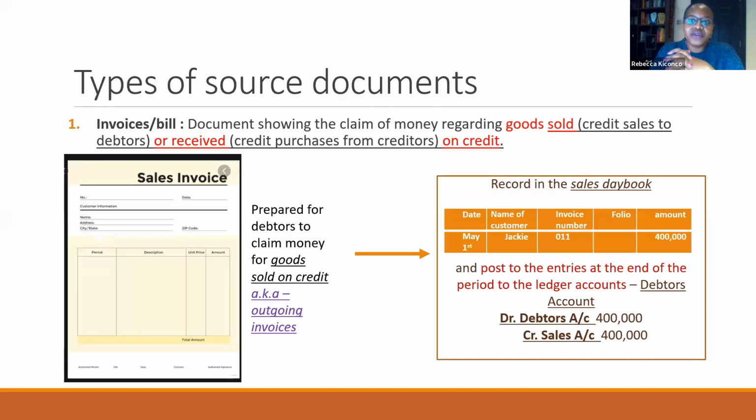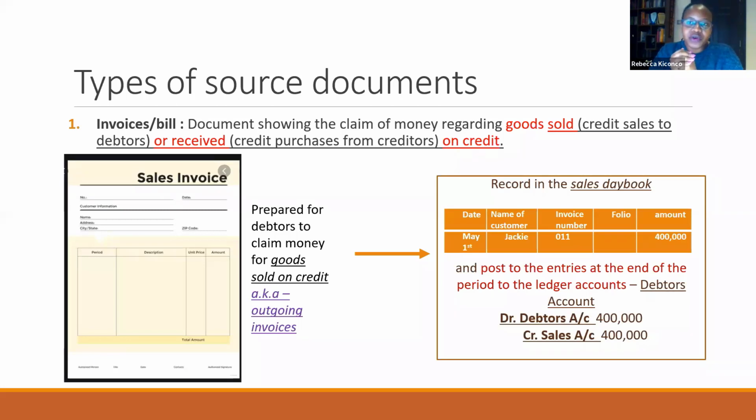Now we're going to look at the types of source documents, or those documents that show evidence that a transaction has taken place. The first document that we're going to look at is what we call the invoice. In other books, this source document is called a bill.